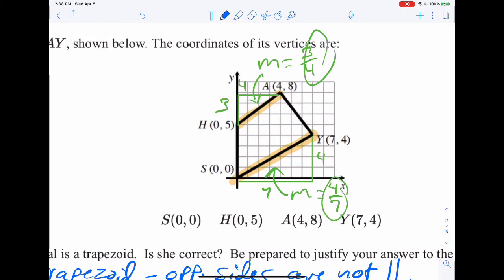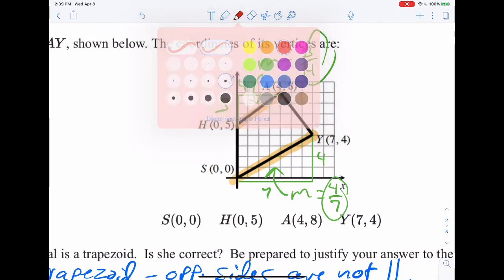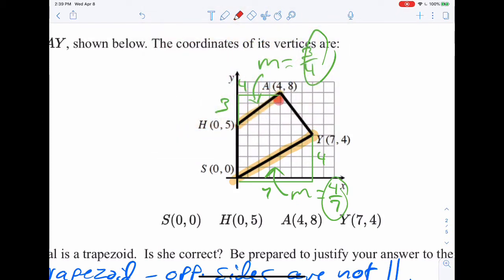So in order to do so, maybe look and see if an angle appears to be a right angle. Do you see any that might look like they could be? If you said angle A, I agree. It looks like a right angle. But in order to confirm, we have to find the slope of AY. So calculate the slope of this line segment.